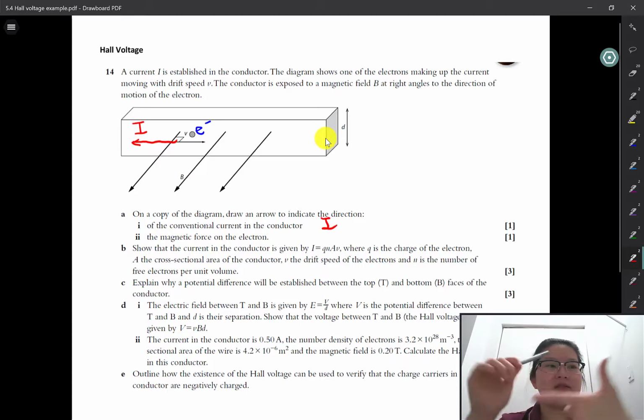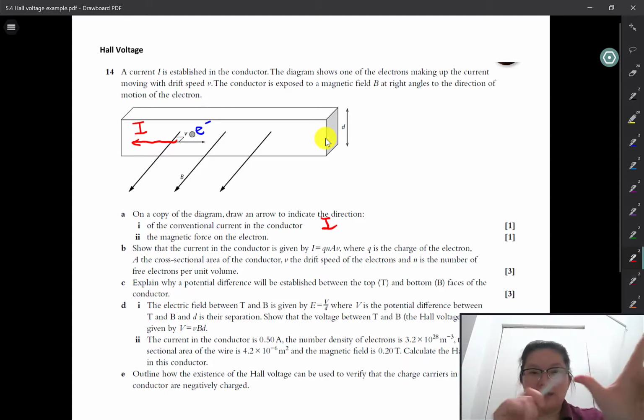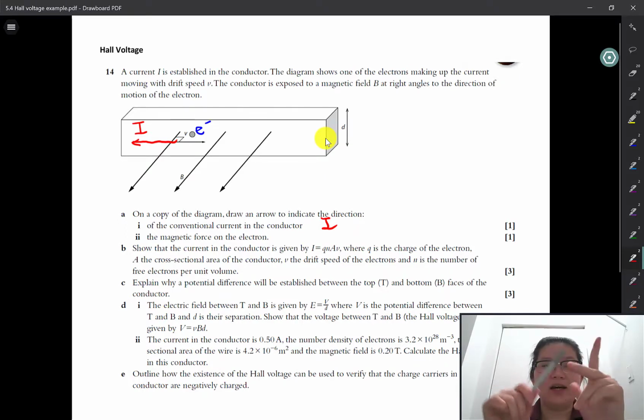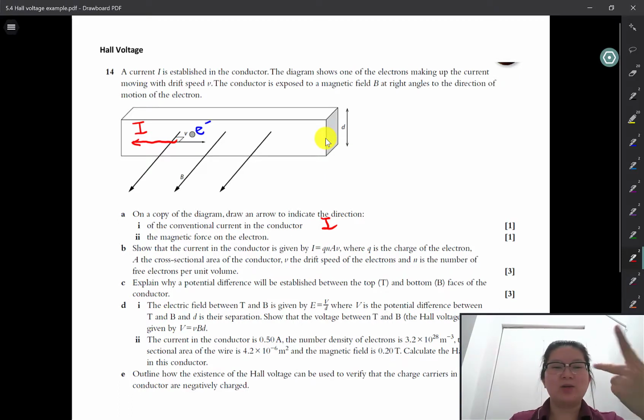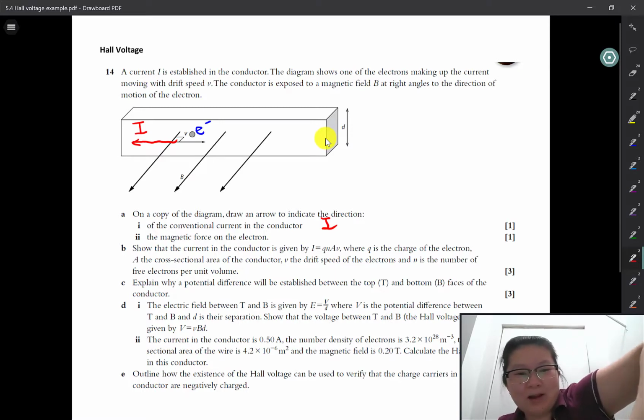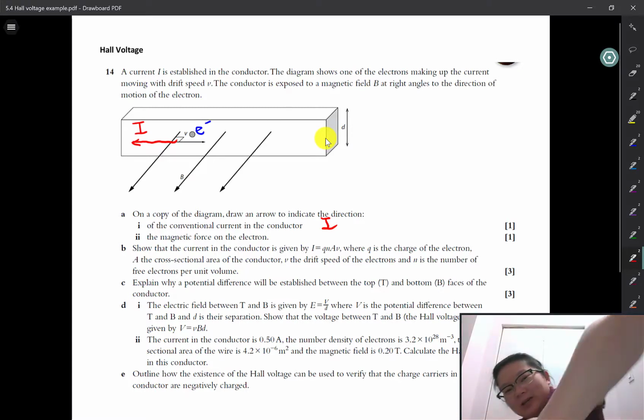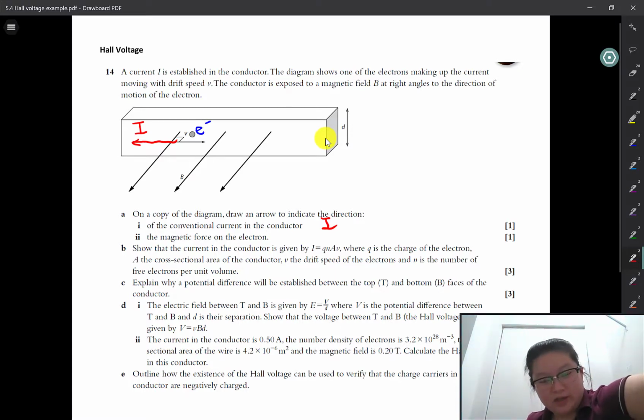You want the thumb to be the direction of the electron, the charge. You want the index finger to be the direction of the magnetic field, and the middle finger is going to be the direction of the force. So if I am doing this correctly, you might have to do some weird elbow movements.